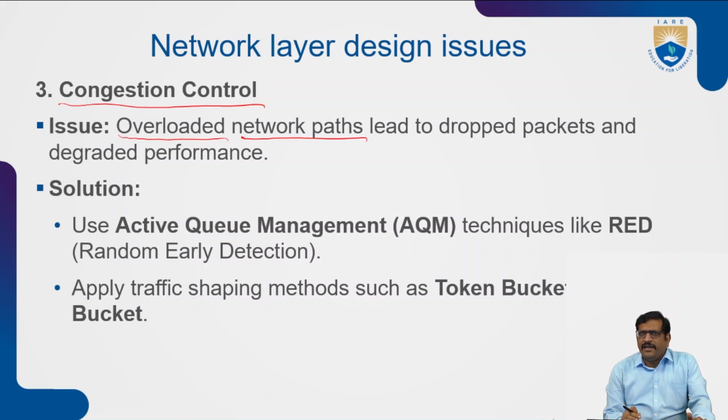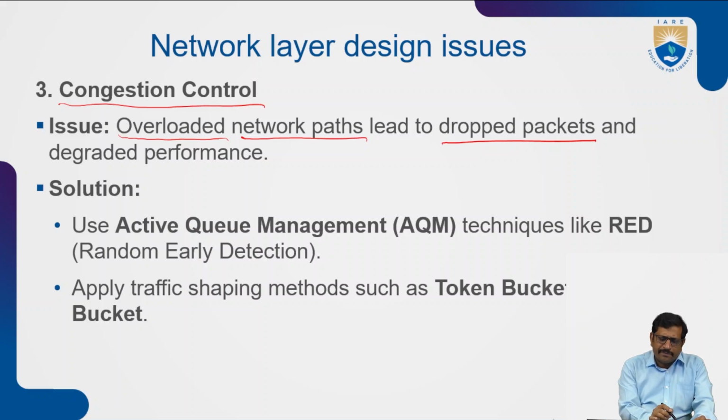This leads to dropping of packets and degrading of performance. That means with this issue, once congestion occurs, all the packets cannot be transferred, and the performance will be degraded.